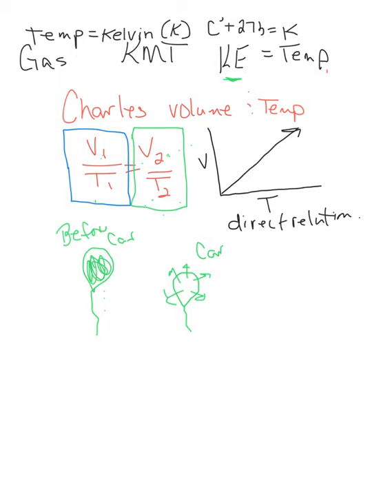And so what you would find is that the balloon should have shrunk, or gotten smaller instead of larger. So in a nutshell, that is Charles' law. Charles' law describes a relationship between volume and temperature. It's a direct relationship, and the formula is V1 over T1 is equal to V2 over T2, and this is the general graph for that relationship.